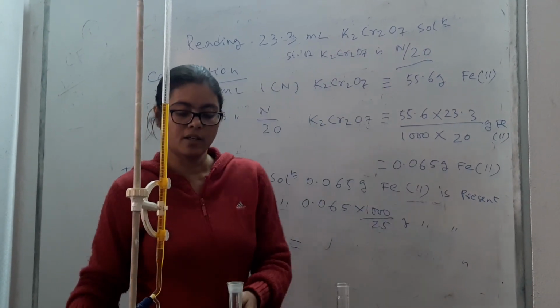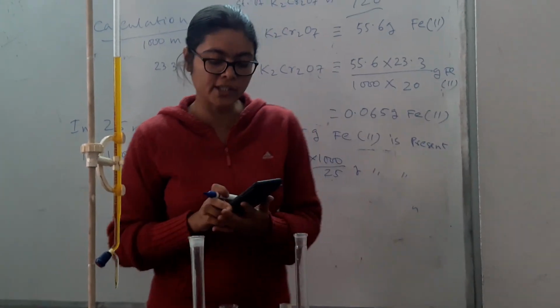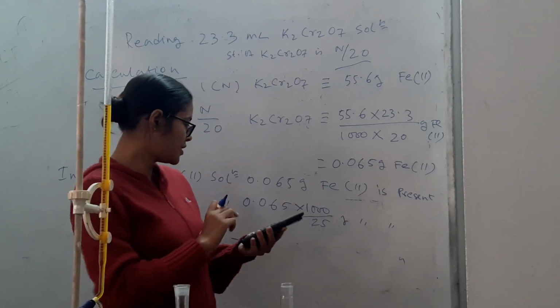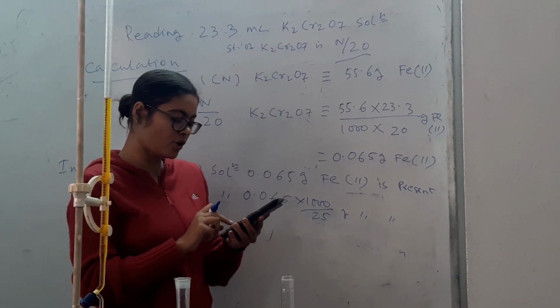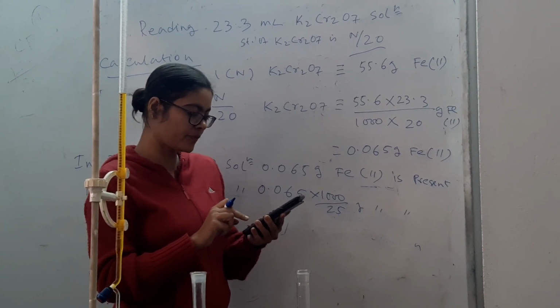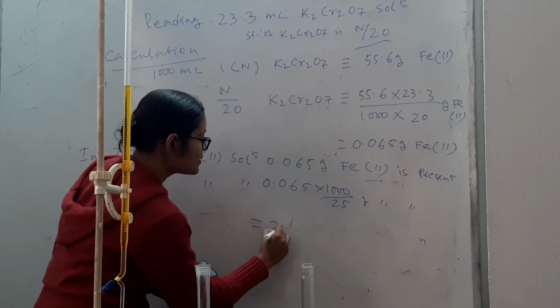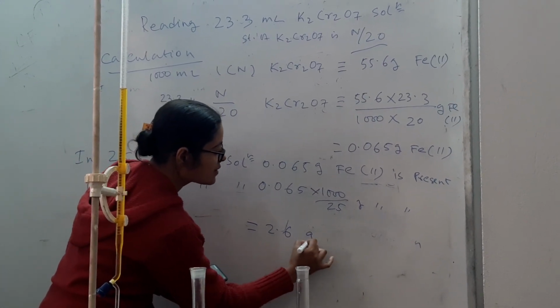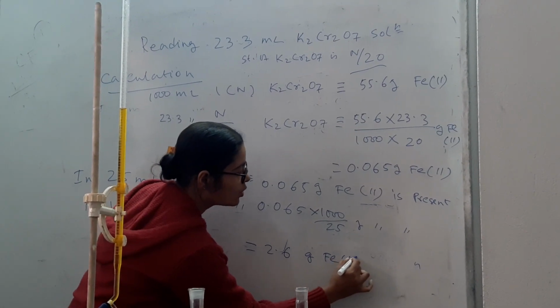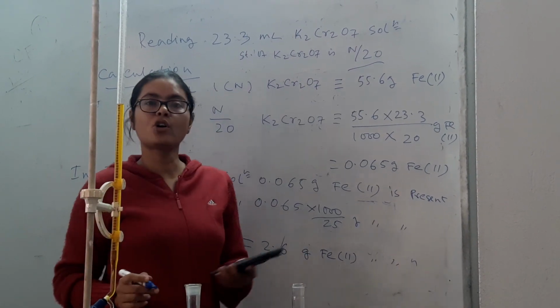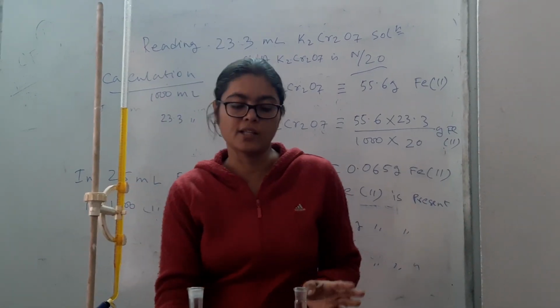So I use the calculator and see the result. It is 0.065 into 40. That is 2.6 grams. 2.6 grams of iron 2 is present. So this is our conclusion.